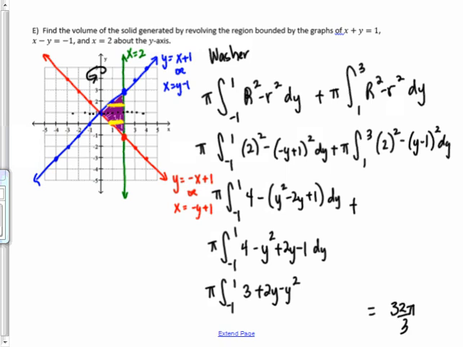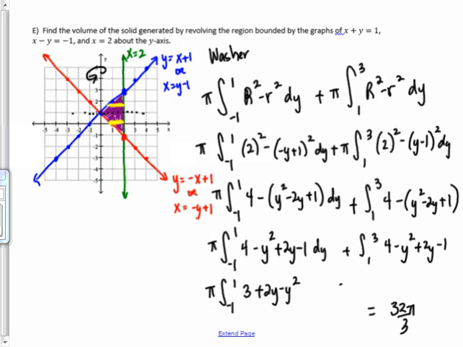When you integrate it, you're going to realize that you've got the exact same integral over here when you square all that out, because you're going to get y squared minus 2y plus 1. And when you distribute it all, you're going to get this, and then it simplifies to that. So it's the same integral.